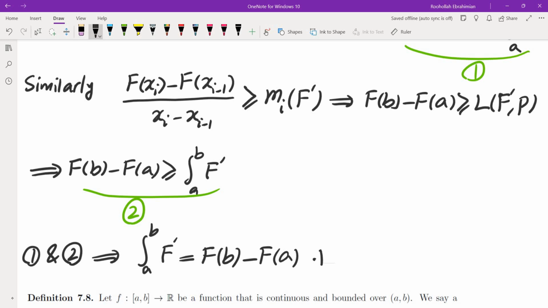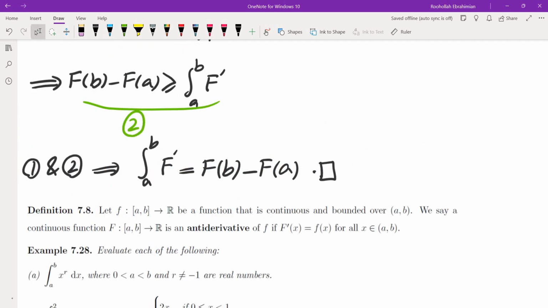Okay, so notice that I didn't actually use the fact that f prime is continuous. I used the fact that f prime is integrable inside the interval because I wanted to show that f prime is integrable over the entire interval from a to b.